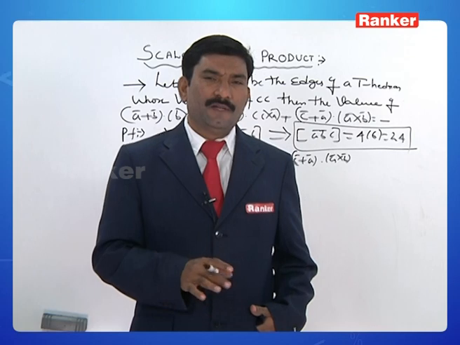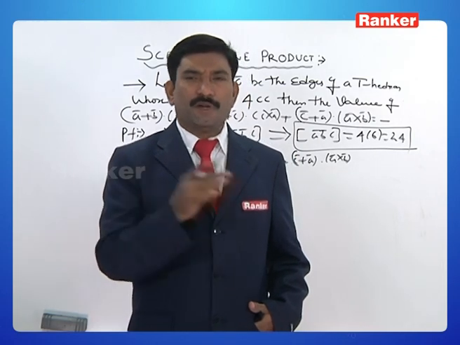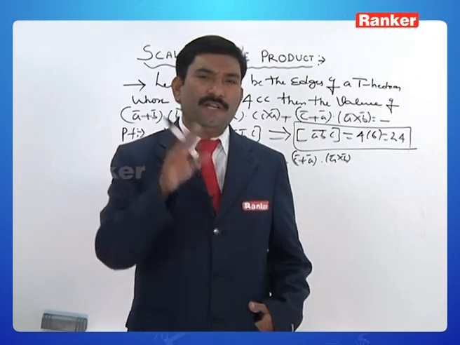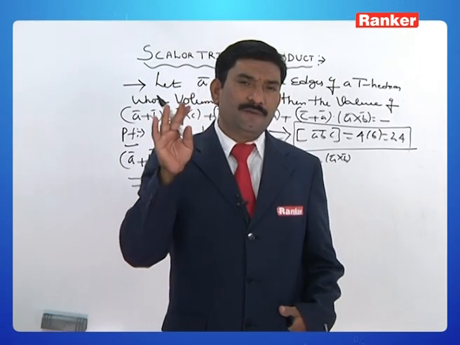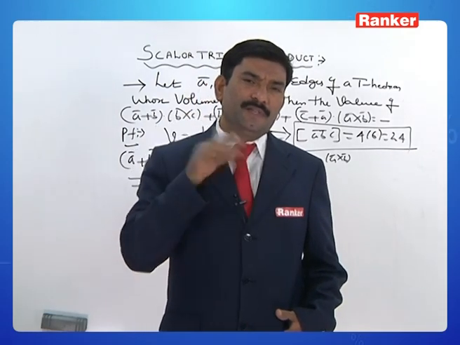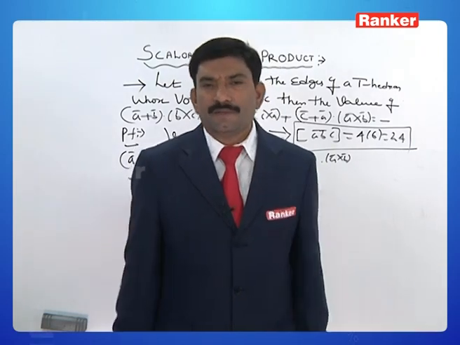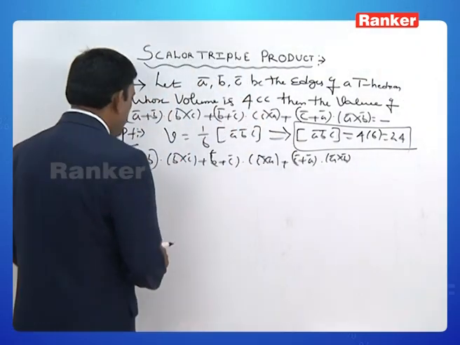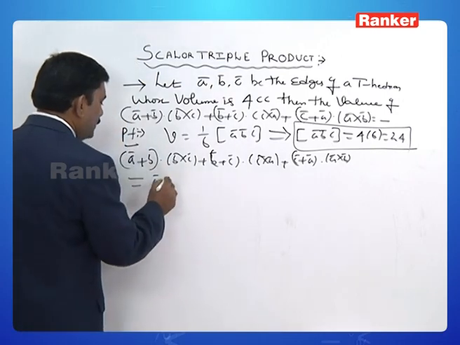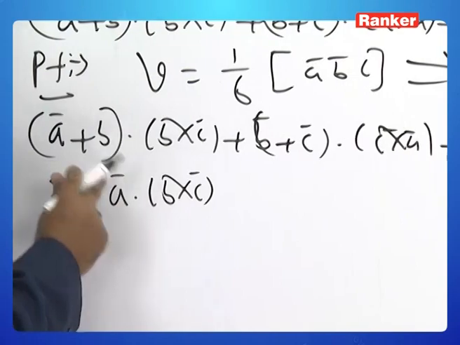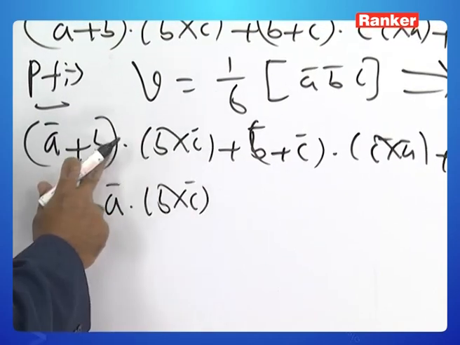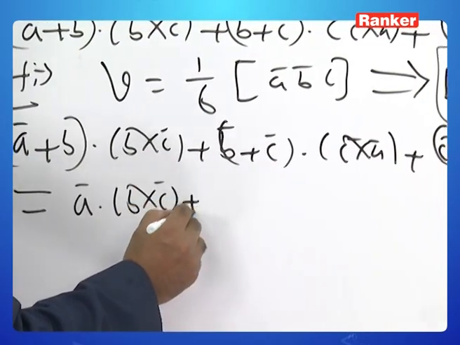The scalar triple product. In a scalar triple product or a box product, if two vectors are identical, the value of the box product is equal to 0. Why? A scalar triple product is nothing but a real number, and 0 is also that. So with this one, A dot of B cross C, B dot of B cross C: two B's are repeating, therefore it's 0.